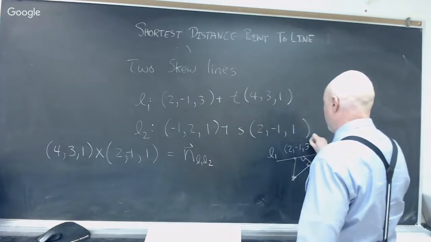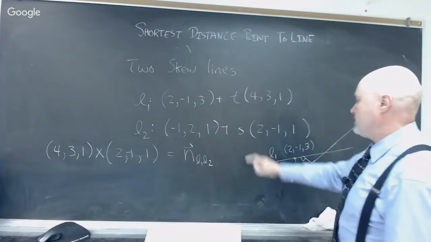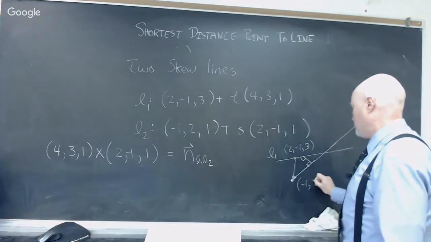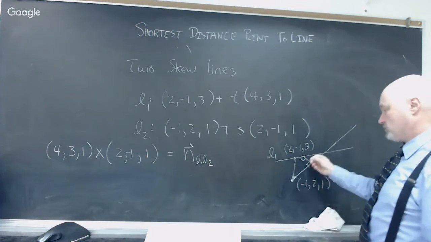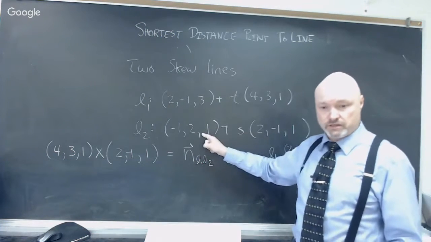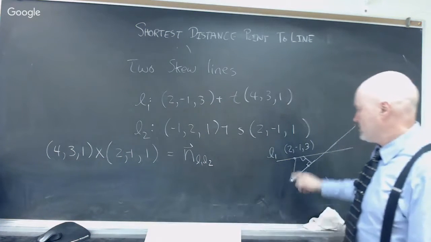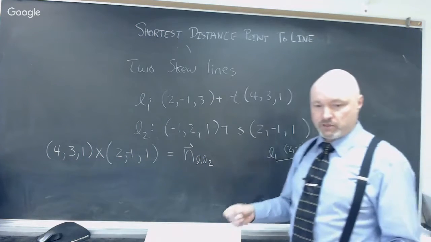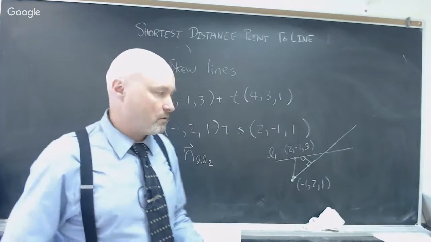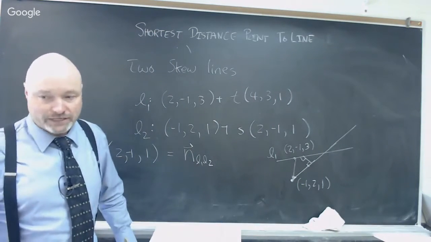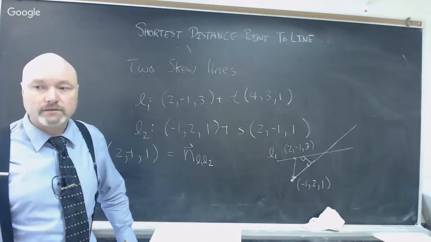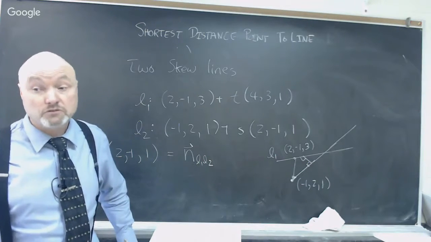It's just sitting out there on my first line. And then I can choose -1, 2, 1, which is the second position vector point on my second line. Now I've got the connection between those two. I have a normal vector, and I can do the projection onto the normal vector, and I'm going to find the distance between those two skew lines.